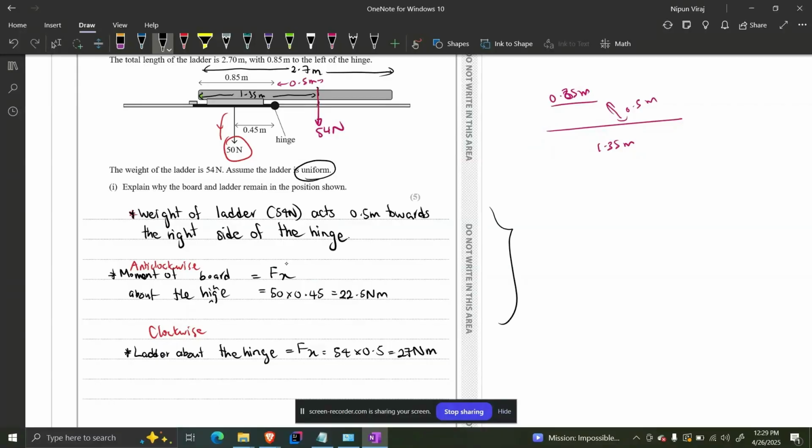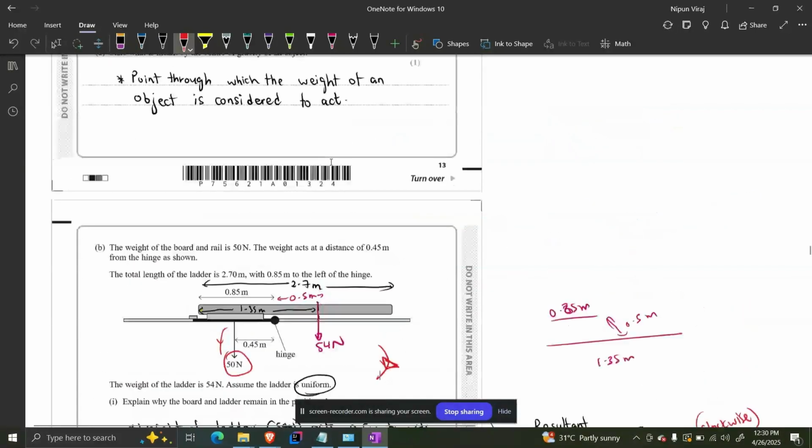And then we can say the resultant moment is clockwise, right? Moment is equal to, if you subtract these two, you get 4.5 Newton meters in the clockwise direction. So that means the resultant about the hinge will be in this direction. Okay, but how can it be in equilibrium?